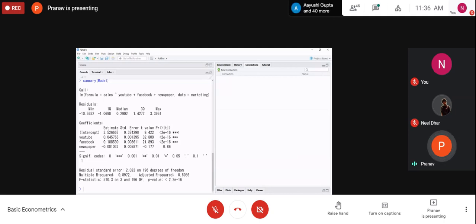That is, how do we interpret it? These variables or these t statistics are statistically significant, right, at the respective levels of significance. Are you there with me?